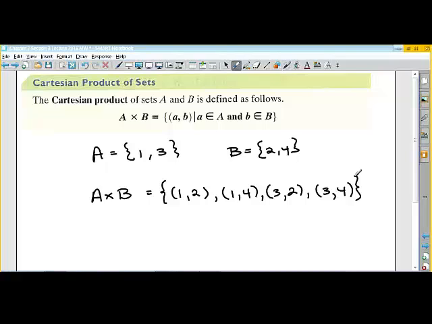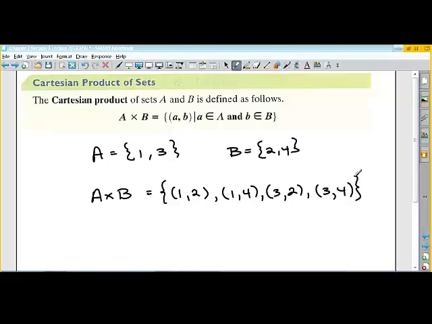So that's what cross product or Cartesian product means. You just end up with, in this case, 4 ordered pairs. They're a set of 4 ordered pairs. And the number of ordered pairs is going to be the number of elements in this set multiplied by the number of elements in that set, which is 2 elements times 2 elements is 4 elements in the Cartesian product, sorry.